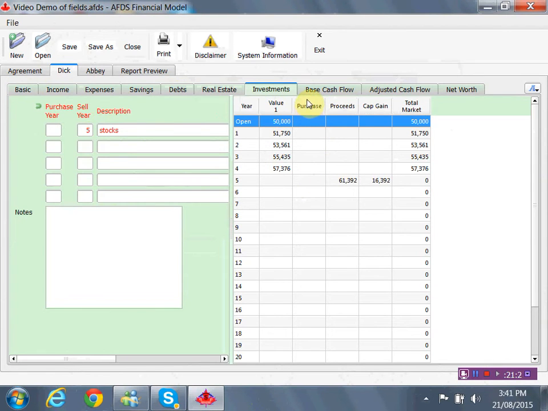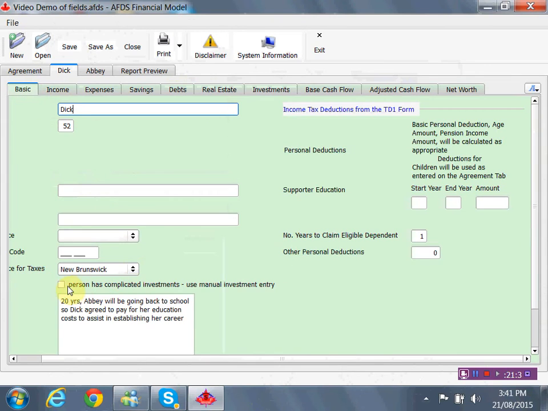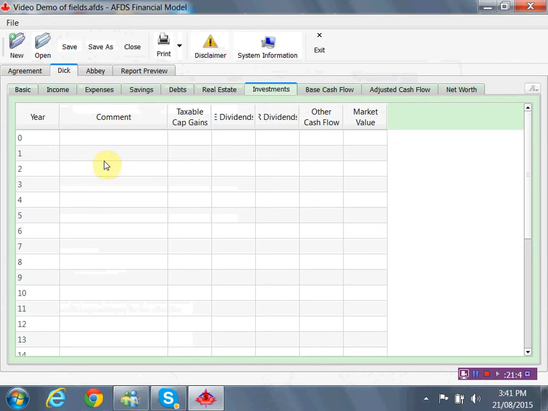Now we've got all this information in here. We'll just go back and look at that complicated investments, because this shows you what that would do. So if we go back there and say, okay, well, Dick actually has complicated investments, and you want to use a manual entry, you would have to look at everything, because now you're going to do all the calculations yourself. But here you are, you've changed things. You've got an option to say that he's going to be fairly active. Let's say there's a capital gain of $2,000 in the first year.